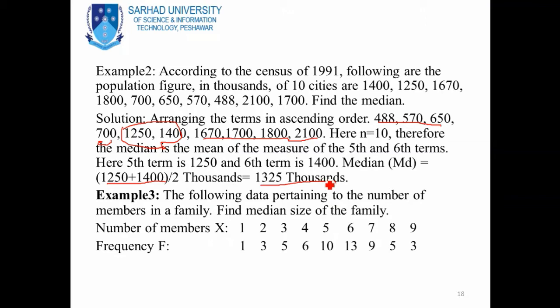But in a frequency distribution, we can find the median more easily compared to the grouped form. How do we find the median when the data is in a frequency distribution? You see there are some terms in this data, and these are the frequencies for each term. The frequency of 1 is 1, the frequency of 2 is 3, of 3 is 5, of 4 is 6, of 5 is 10, and so on. The frequency of 9 is 3.